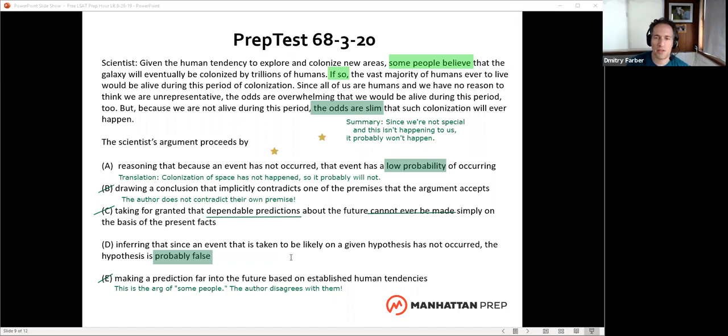So what's the hypothesis they're talking about? If we grant D, what hypothesis would we mean? Yeah, the hypothesis is we will colonize space. And then what's the event that's going to be likely if that's the case?